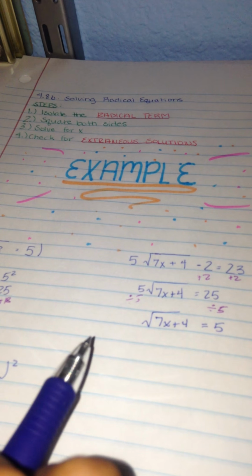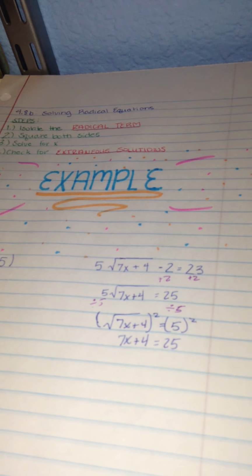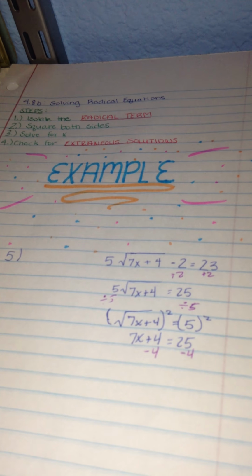So 25 divided by 5 is 5. You're going to then go again and square both sides. You're then left with 7x plus 4 is equal to 25. You're going to subtract 4 from both sides, getting ready to isolate your x.